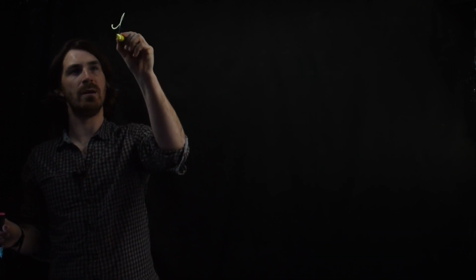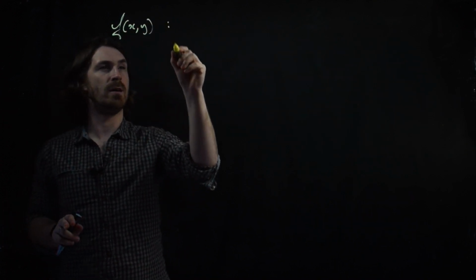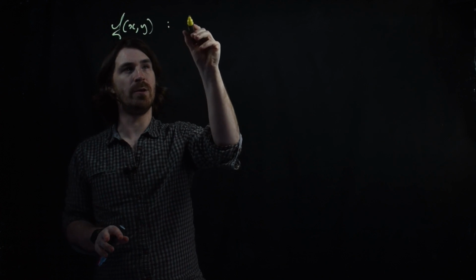So we're going to first think about a function of two variables, f of x and y, and we're going to consider a stationary point.